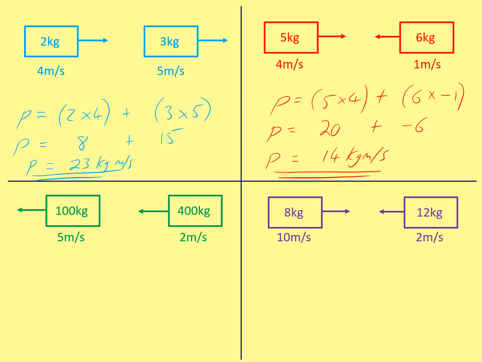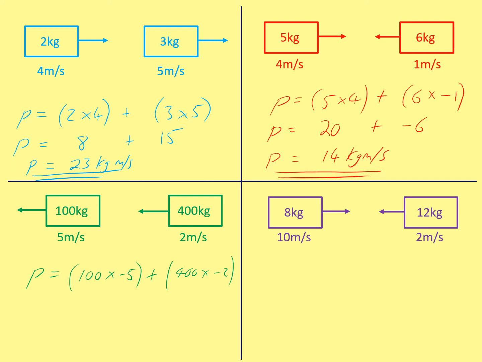Next, we're going to work out the green one. The total momentum is going to be mass, 100, times velocity, minus 5, plus the mass times the velocity. Now here I've considered anything to the left to have a negative velocity. I've always done that. I do that with all my questions.